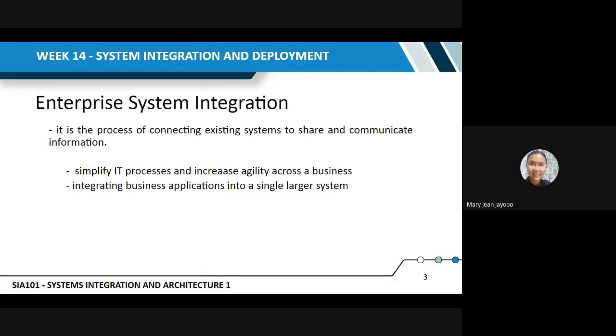So as you may know, almost 90% of the companies nowadays, especially the big companies, are now using complex, integrated system architecture.